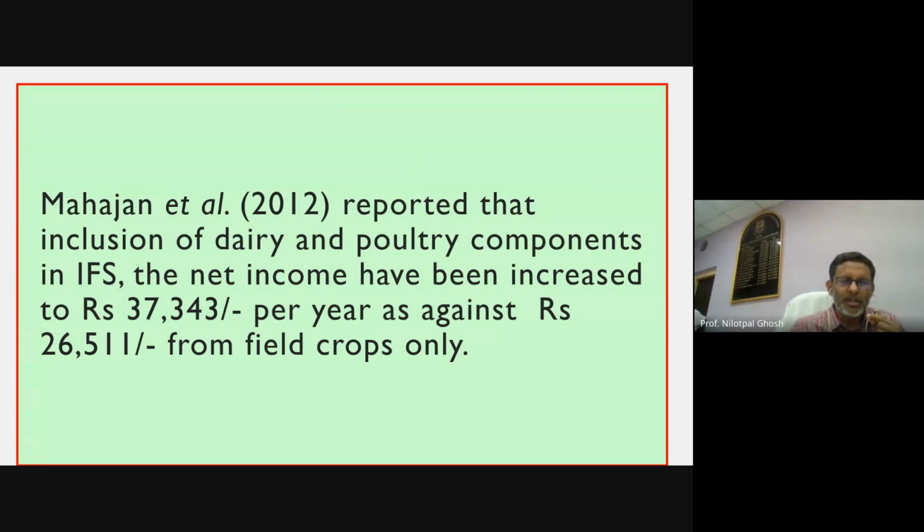So instead of 26,000, as it is integrated, more than 10,000 per year is increased from the one crop field specified. These are all available in the literature.